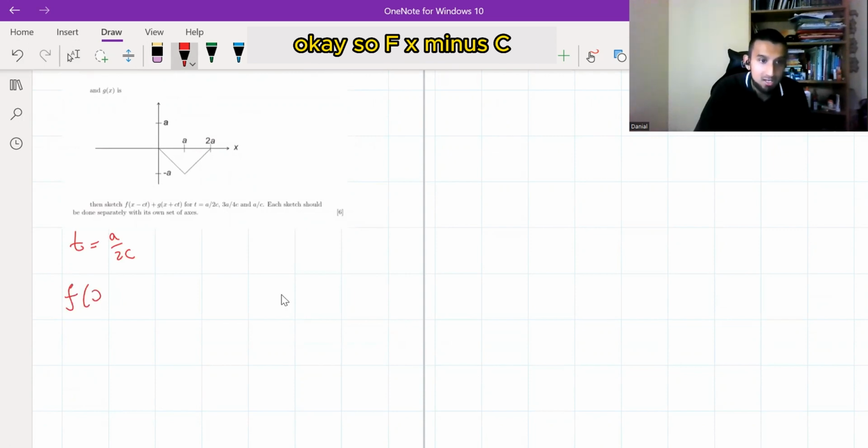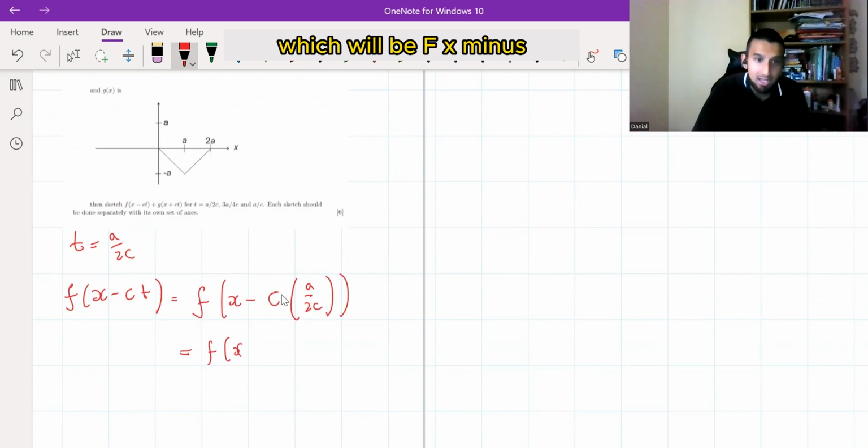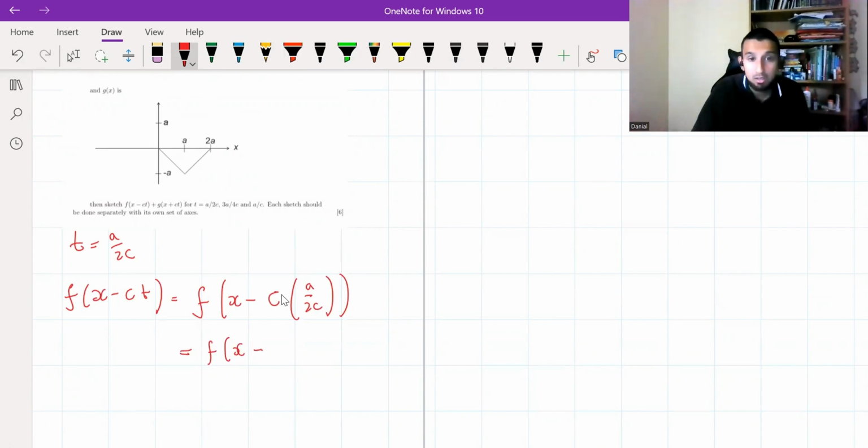So f(x minus ct) will be f(x) minus c times a over 2c, which will be f(x) minus a over 2.